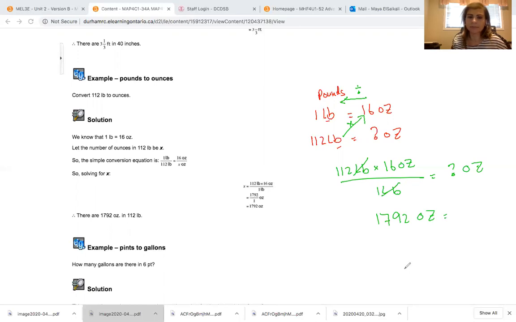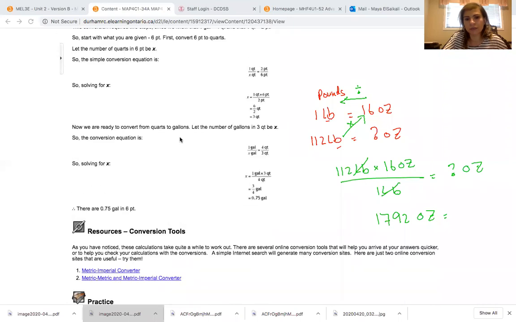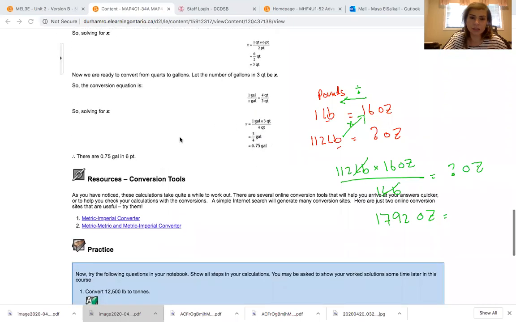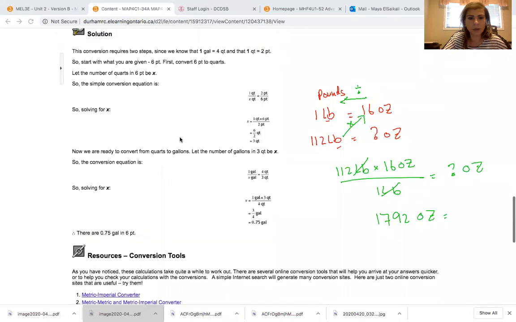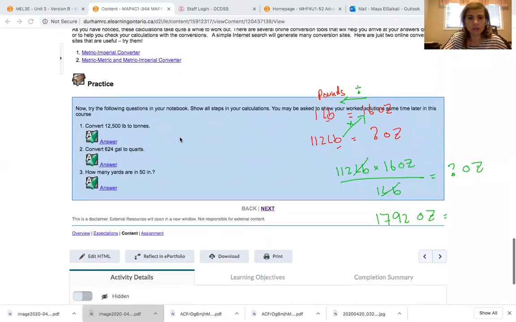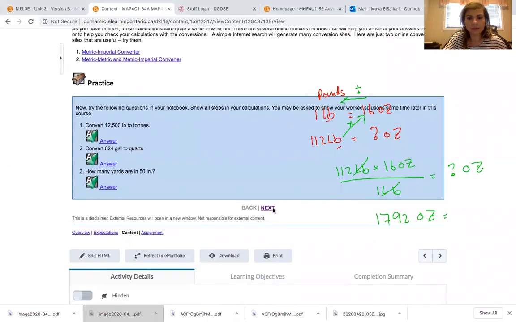All right. So try some more conversions. The assignment that you have has questions with conversions. You might have to do conversions also between metric and imperial. Okay, so let me just take you to the next page.